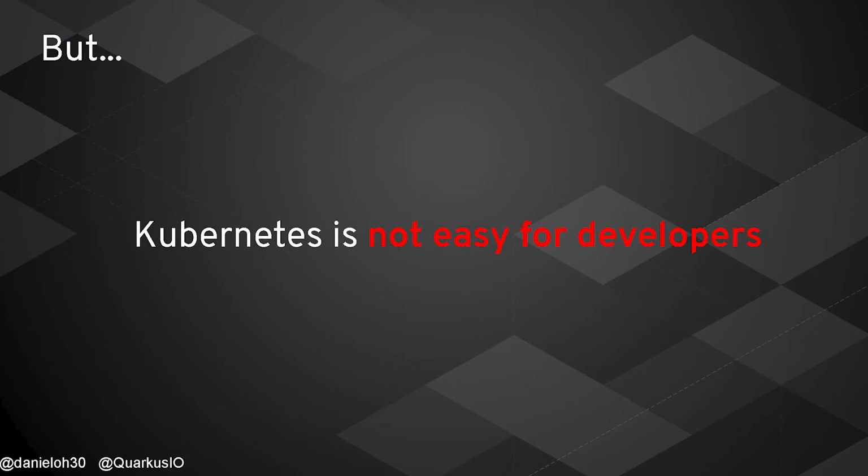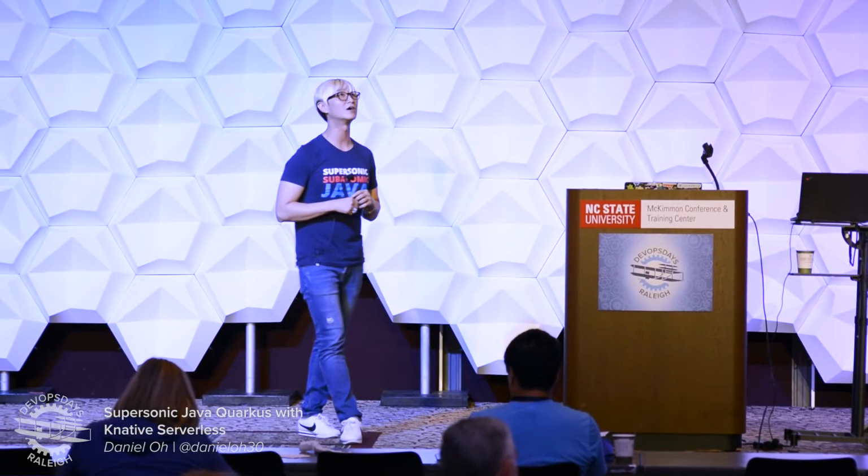But still, Kubernetes is really not easy for developers. I've got a quick, funny example. Just 2 weeks ago, I met one of the enterprise architecture team leaders, and he really wanted to develop a microservice application based on Spring Boot and run it on Kubernetes with immutable infrastructure.